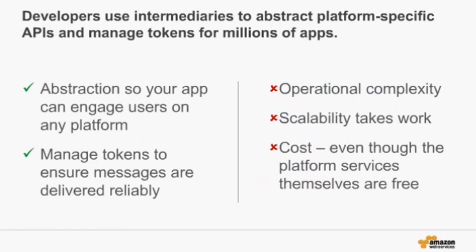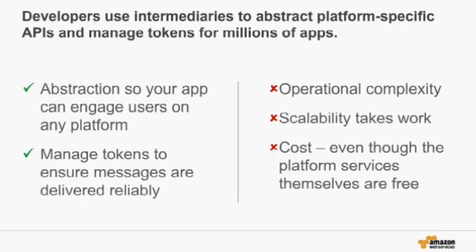So when you launch with just a few dozen users and quickly scale to hundreds of millions of users, not only do you have to scale the core cloud app, you now have to scale your intermediary application. And so at every step of the way, we've solved a set of problems around push notifications, but we've introduced new operational complexity and new costs.